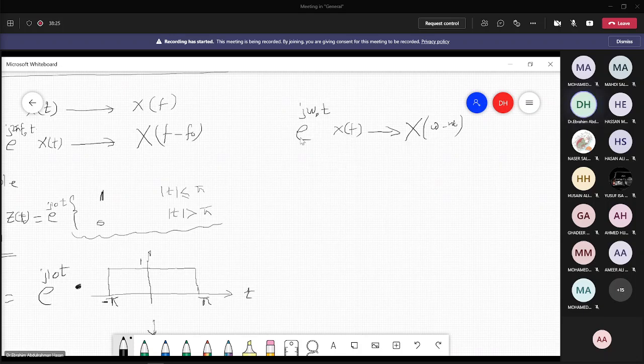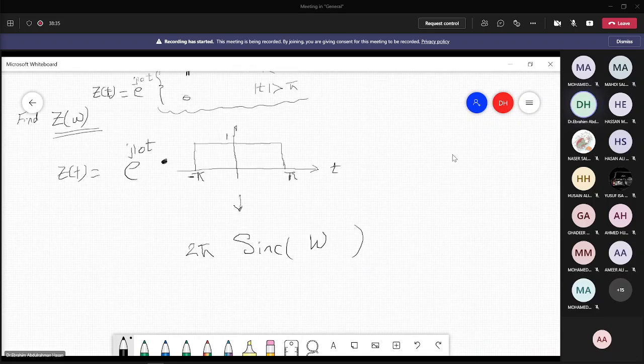Then since it is multiplied by an exponential, it is just minus omega naught, and omega naught is equal to 10. So wherever we have omega, just subtract 10 from it. So it will be omega minus 10. And this is the answer. So this is Z of omega.